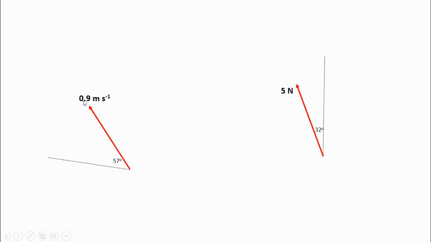Here's another example. 0.9 meters per second is the vector we want to resolve. So we're given its size and the angle it makes with some reference line. We want two perpendicular components, one along this reference line and the other perpendicular to it. What are they going to be? You can pause and think about it before you look at the answer.